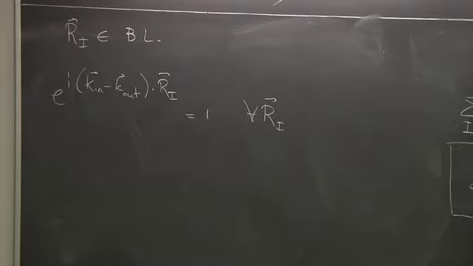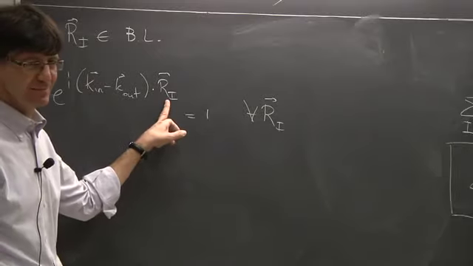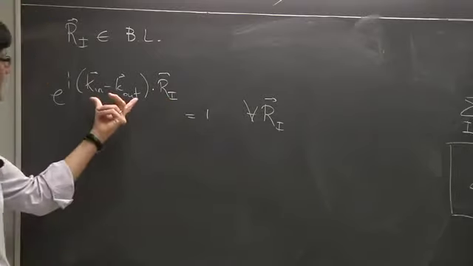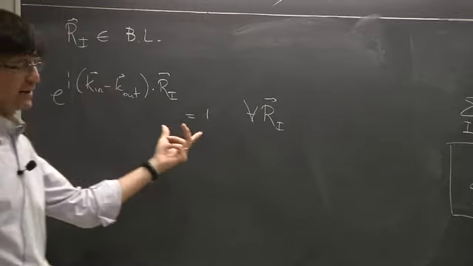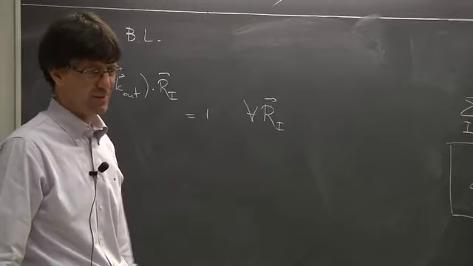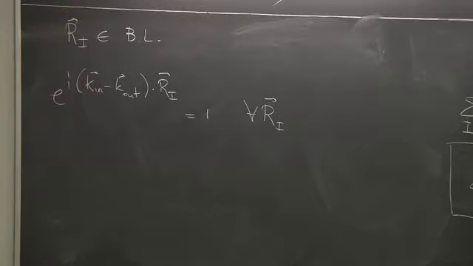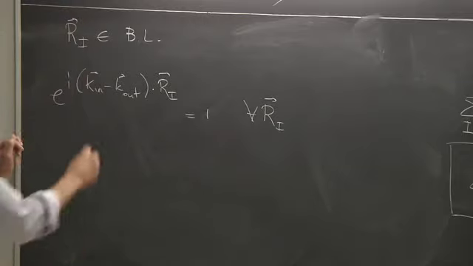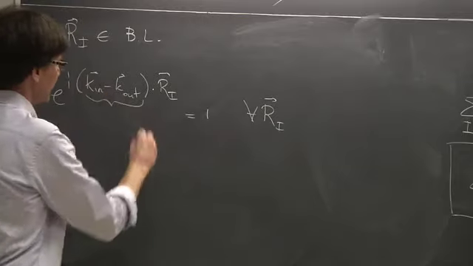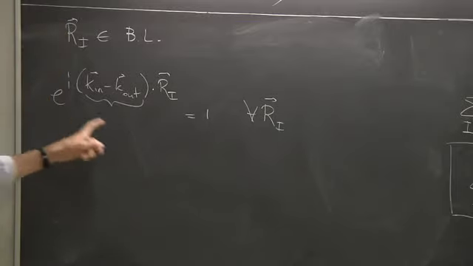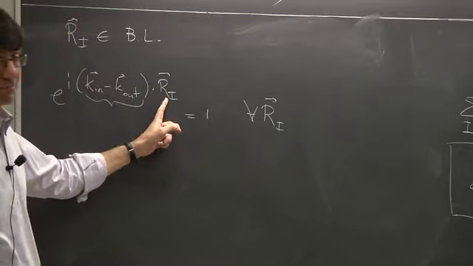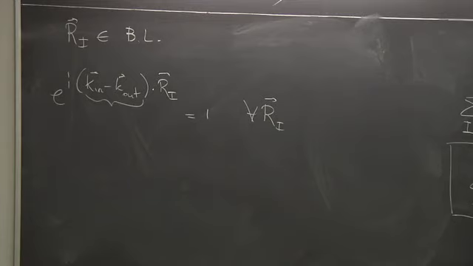I have 10 to the 23rd Ri's. Of course, I know that if this is 0, I can make it 1, obviously, but that doesn't give me any information. Is there any other choice of this difference that makes this equal to 1 for all points in a Bravais lattice?